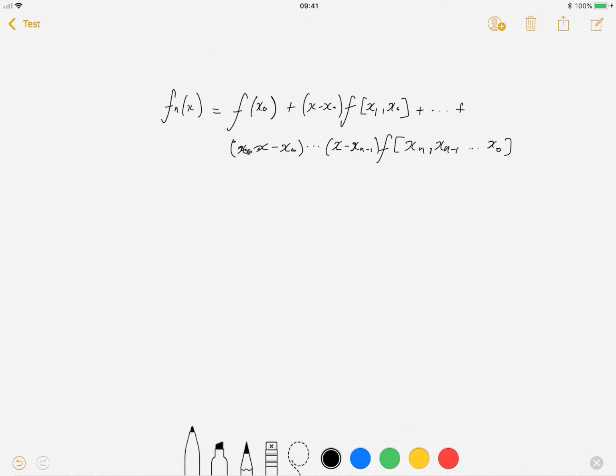Look familiar? Well, if f[x1, x0] is simply (f(x1) minus f(x0)) over (x1 minus x0), we can start to see the Taylor series coming out again. So let's reinforce this with a problem.